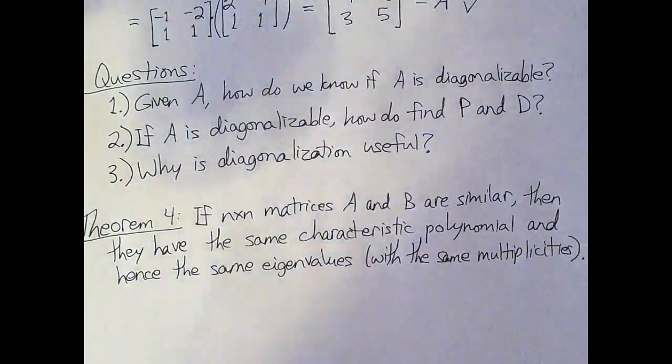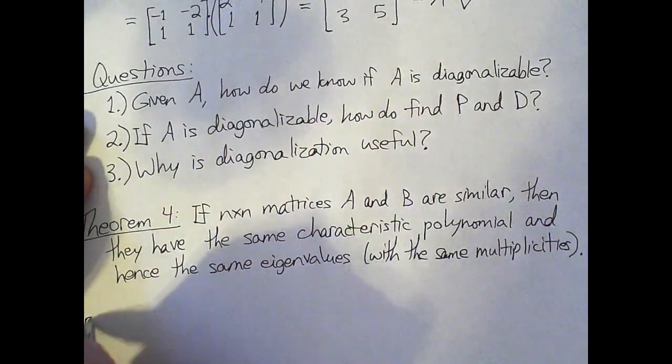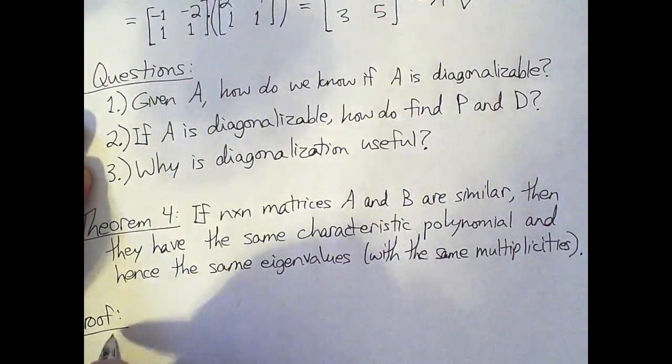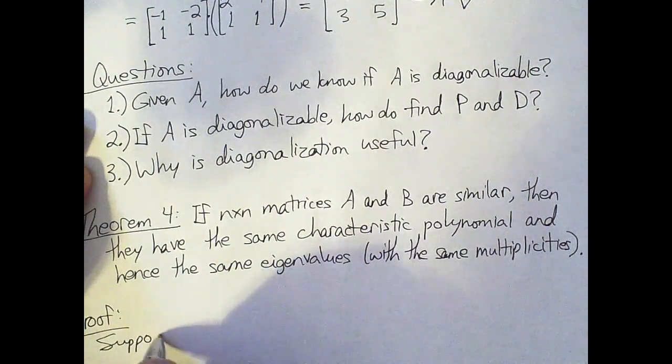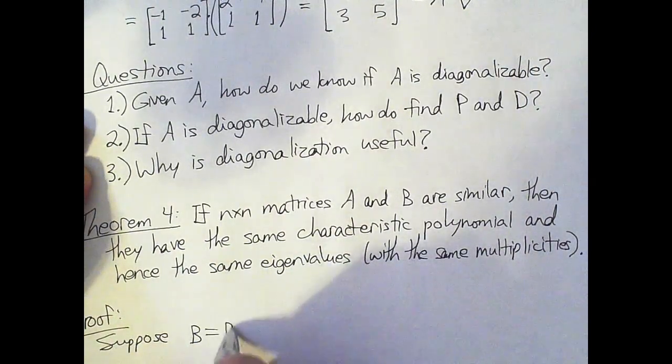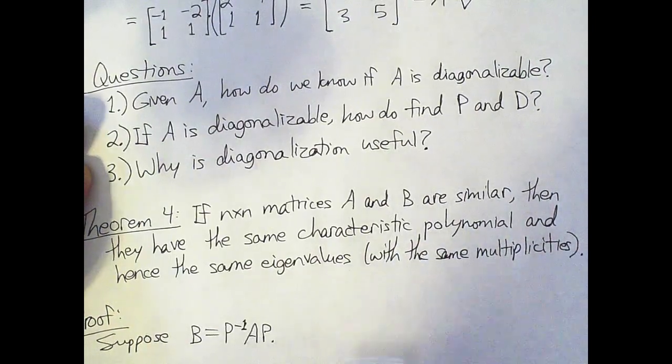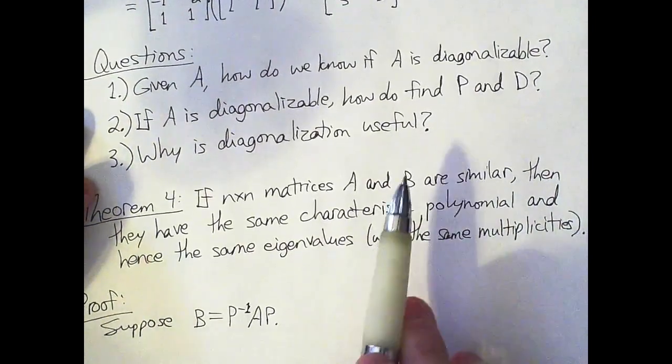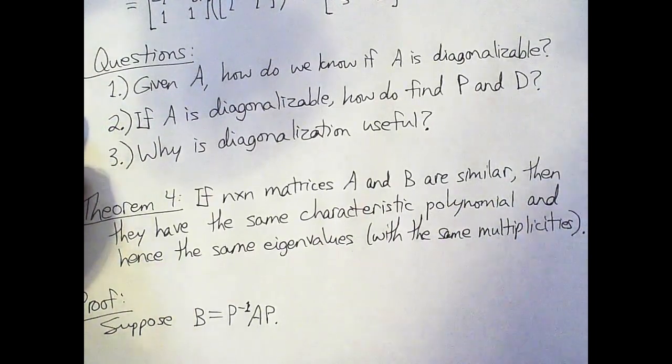We haven't done a proof of a theorem in a while. So, proof. Suppose B equals P inverse AP. So I'm supposing that I have two matrices that are similar.